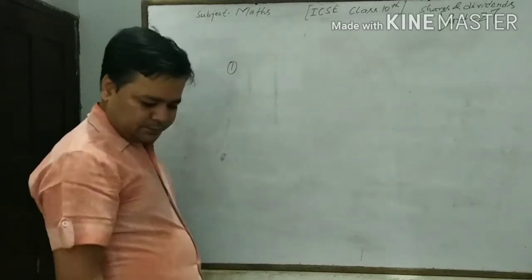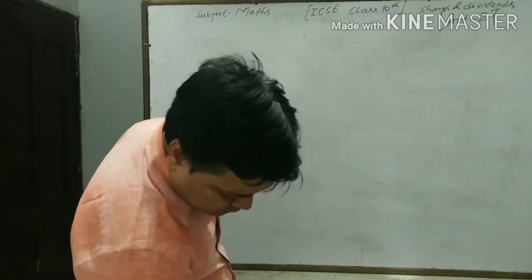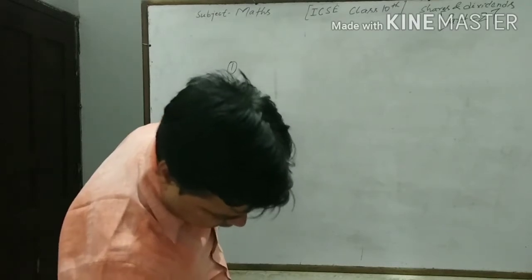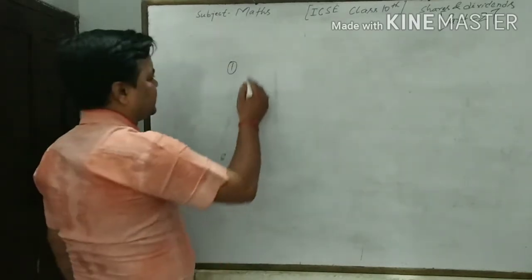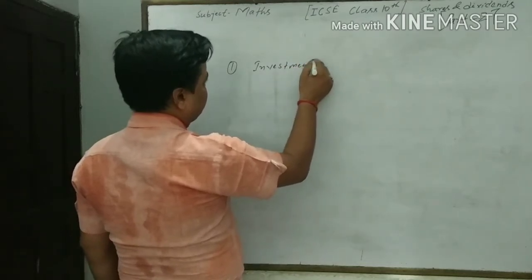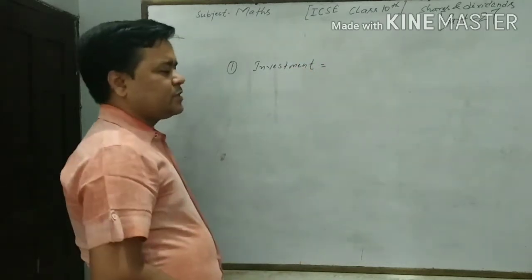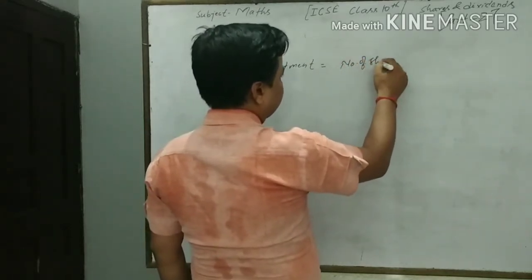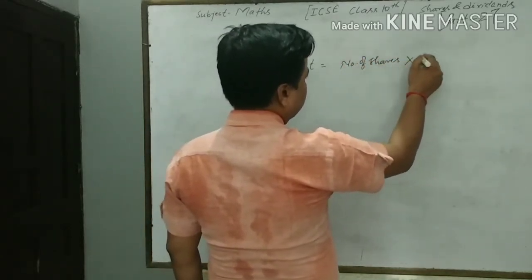The first formula is about the investment. Investment is equal to number of shares into market value.